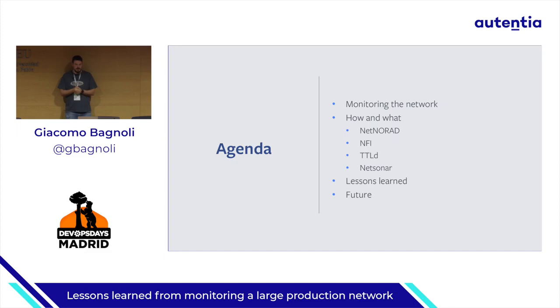But I'm mostly interested in telling you what we learned out of it, and that will be the second part of the talk. So bear with me a little on the details of the networking side, which you may not be familiar with. I also have to do a 10,000-mile overview because I cannot go into the details for time. So I hope you find it interesting.